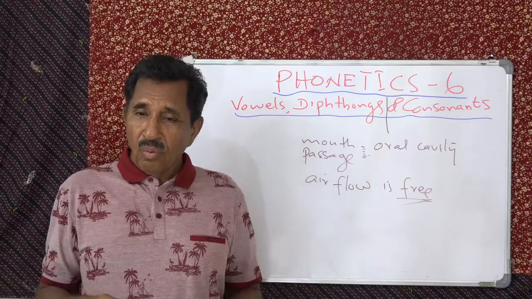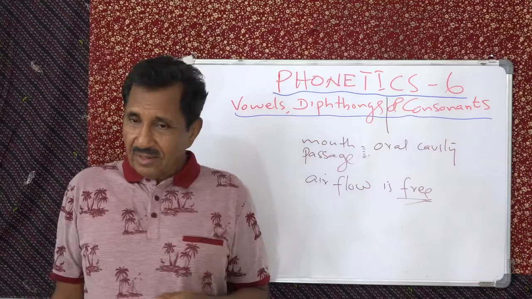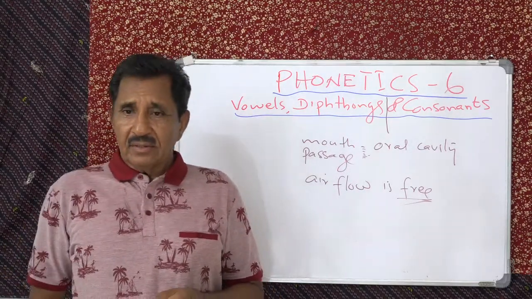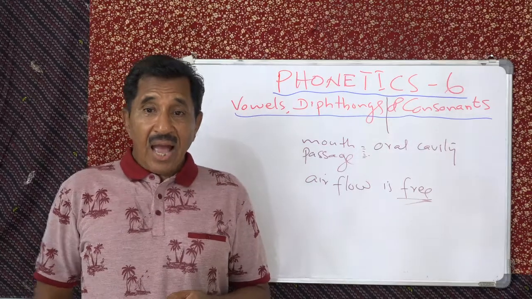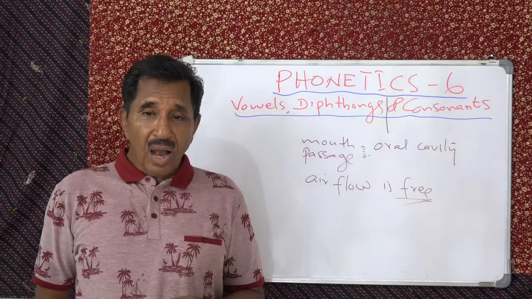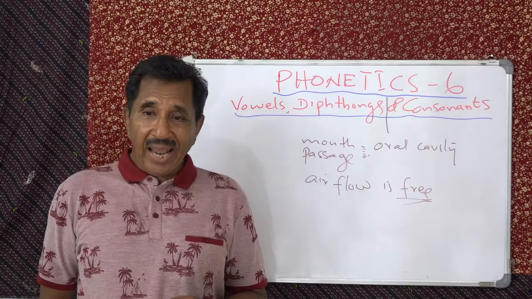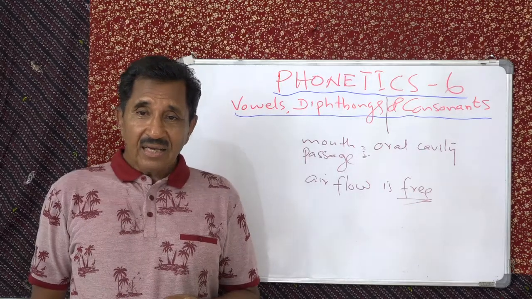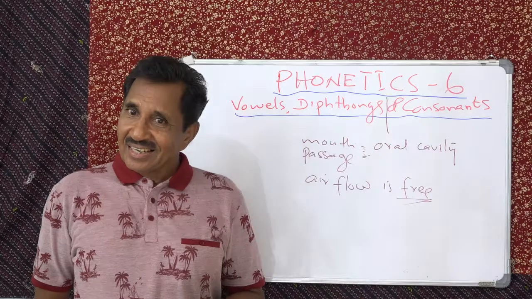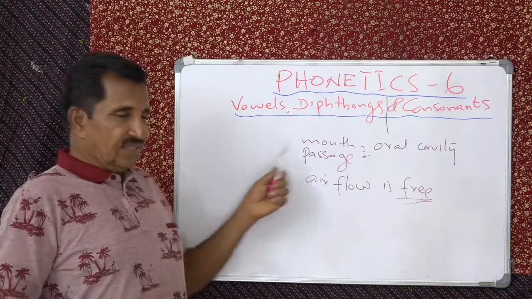Nowhere is there an obstacle. Right? Nothing prevents the airflow. Ow, ear, air, and oor. Did you see that? So, diphthongs and vowels.